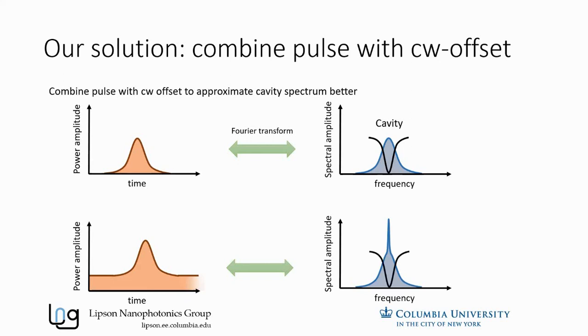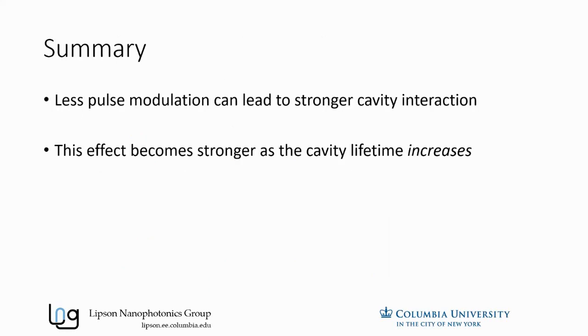And now this means that the pulse frequency profile matches that of the cavity better. And if the cavity becomes more narrow, in our case because of the gain, that effect becomes even more beneficial. And this ends up having the effect that modulating our pulse less leads to a higher loading of the pulse into the cavity.